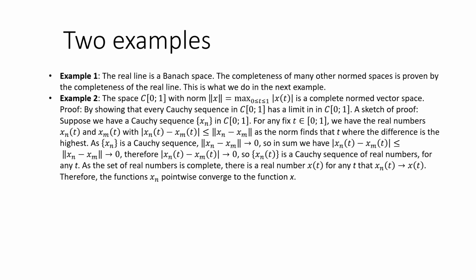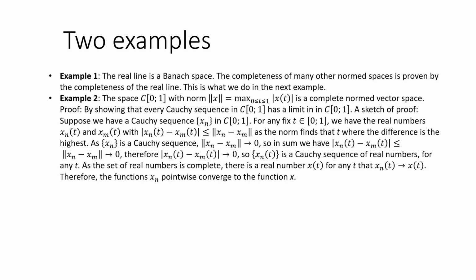So to show the completeness of this normed vector space, we need to show that any Cauchy sequence has its limit in the same normed vector space. Suppose we have a Cauchy sequence in the normed space, and let's fix t from the relevant interval [0, 1].